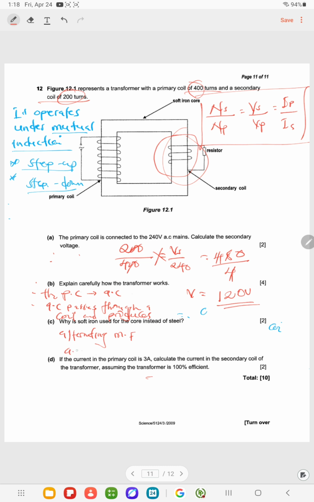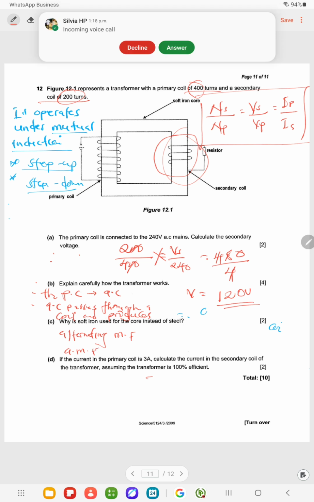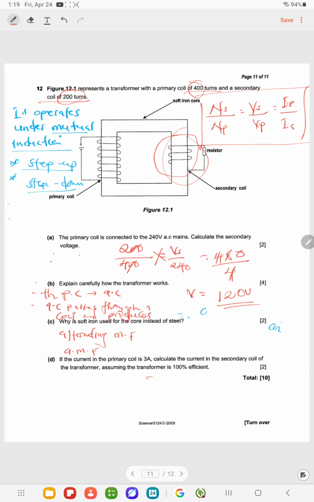The alternating magnetic field will induce an alternating voltage. Then the alternating voltage induces current in the secondary coil. So this is how a transformer operates.